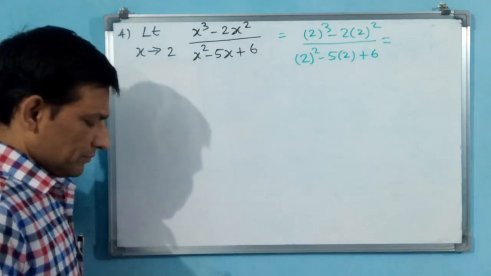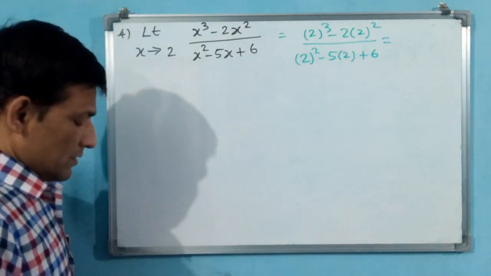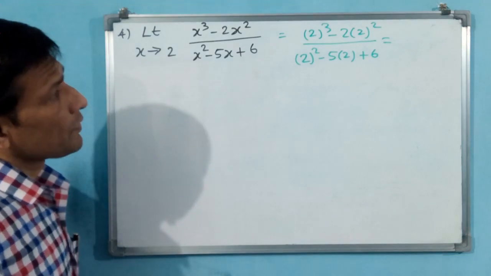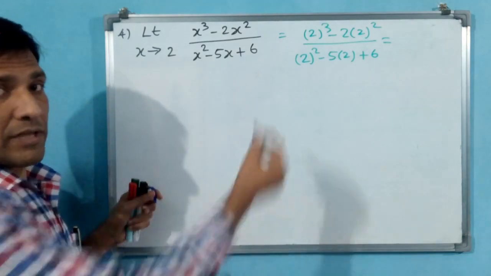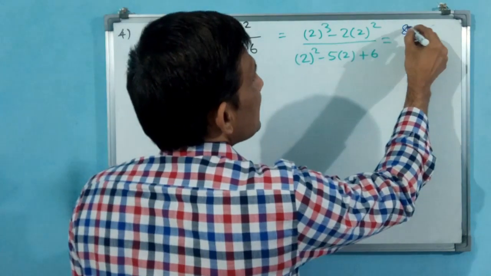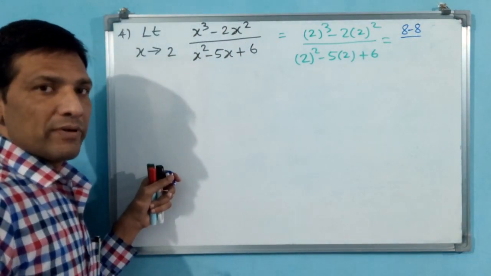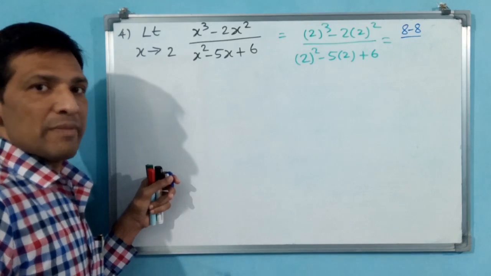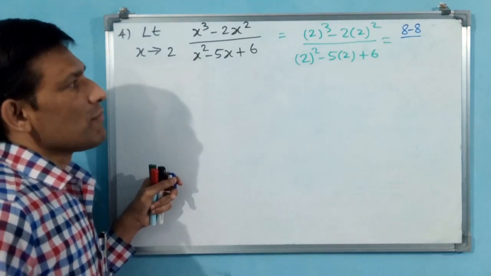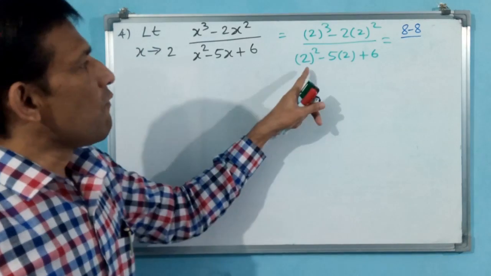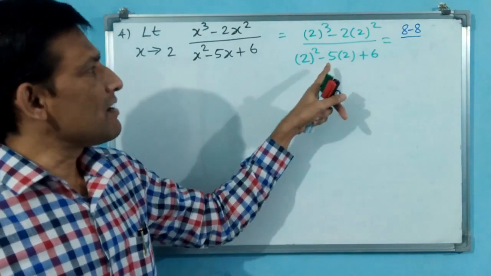See what will come. 8 minus 8 will come. Is it correct? 2 cube is 8, 2 into 2 square is 2 into 4, 8. 8 minus 8 is 0. Numerator is 0. But what about the denominator? You see 4 plus 6, 10 minus 10.